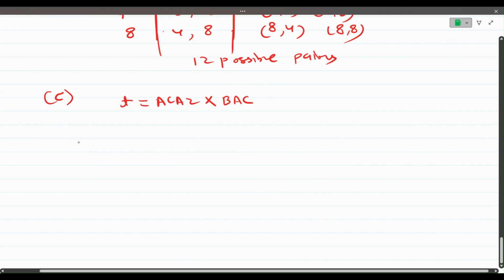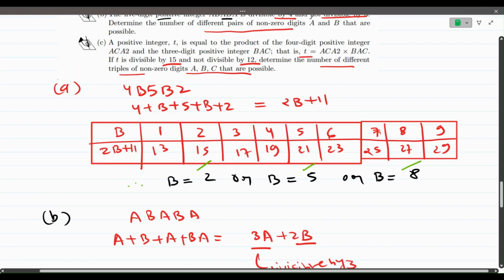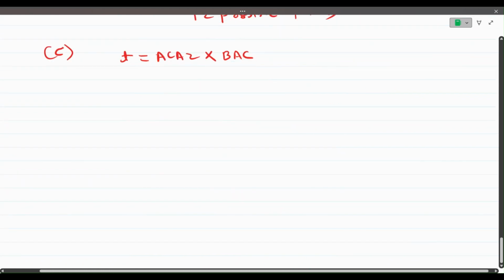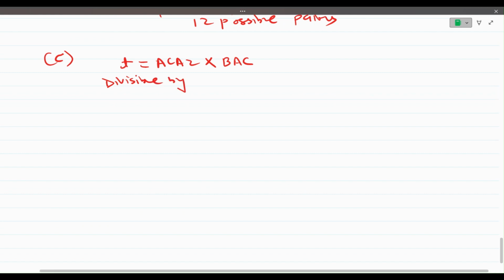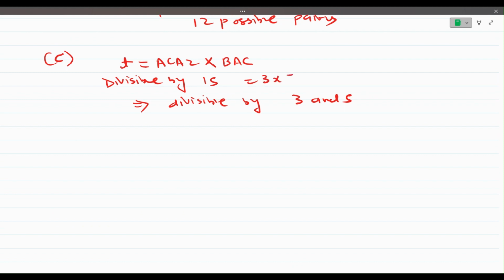See, if you look at the question, it's divisible by 15 but not divisible by 12. So if it is divisible by 15, it means it is divisible by 3 and 5, because 15 is 3 times 5.